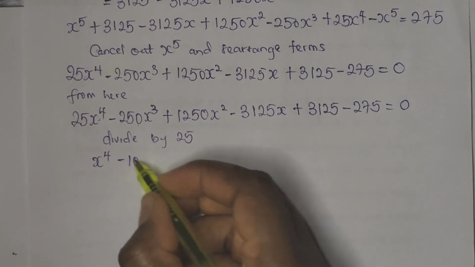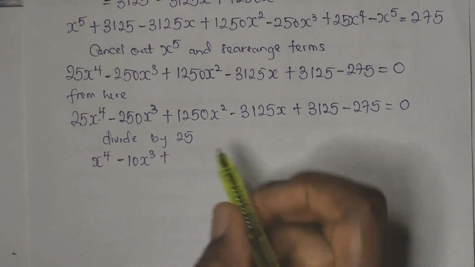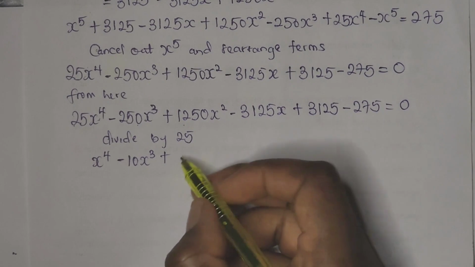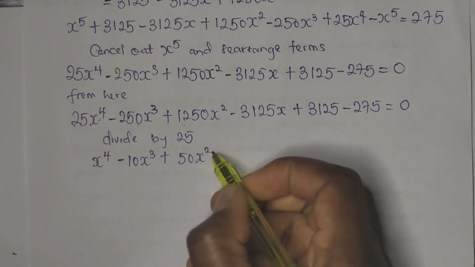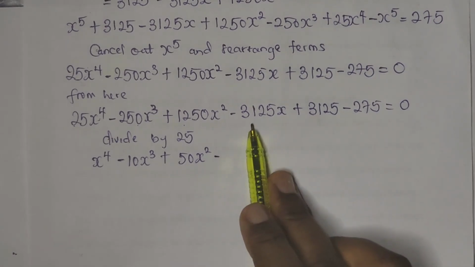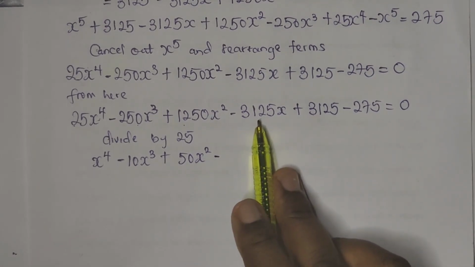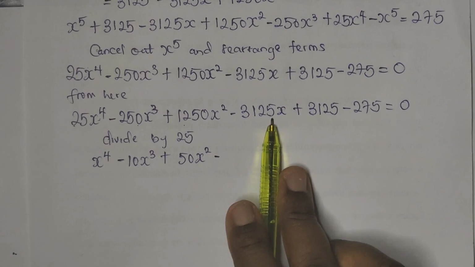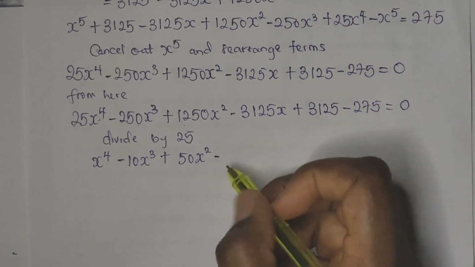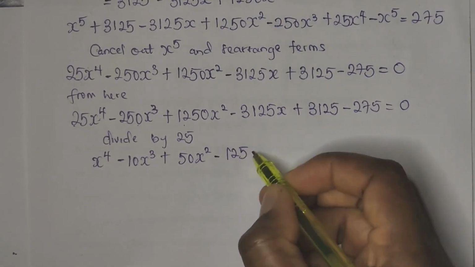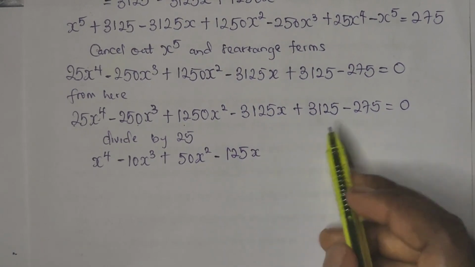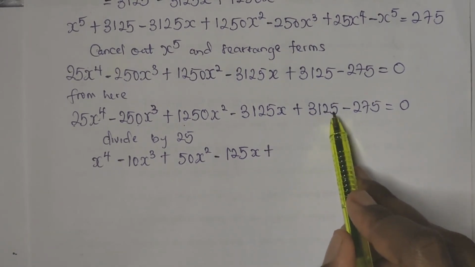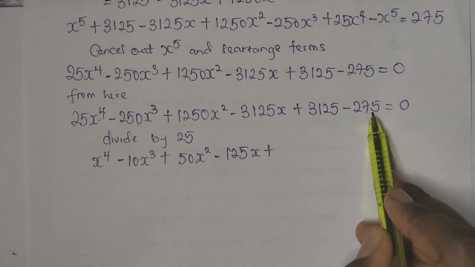We have 10x to the power of 3 plus 1250 divided by 25, we have 50x squared minus 3125 divided by 25, we have 125x, plus then 3125 minus 275.